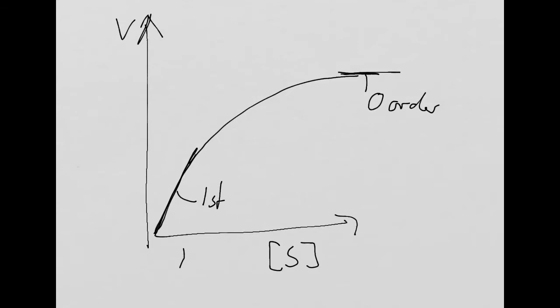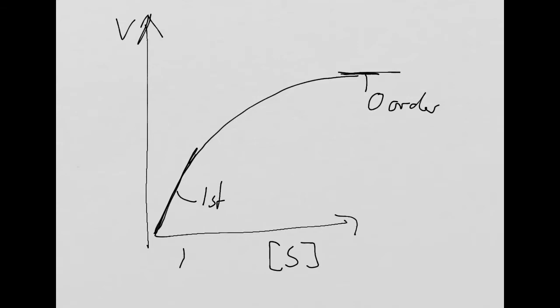So the Michaelis Menten equation or reaction has a sort of personality crisis. Doesn't know what it wants to be. First order when the substrate concentration is very low. Zero order when the substrate concentration is very high. And anything in between. So almost a split personality.